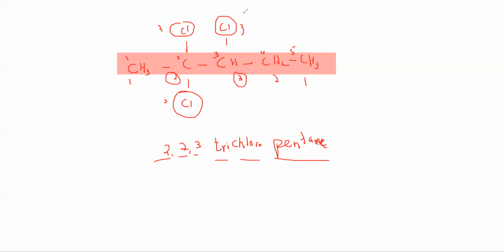So if I summarize what we just did for the organic chemistry introduction, we started with alkane. Alkane can be straight chain, it can be branched, or it can be cyclic.